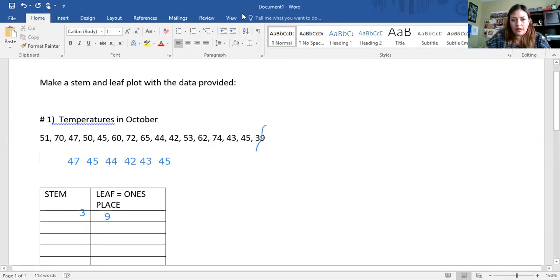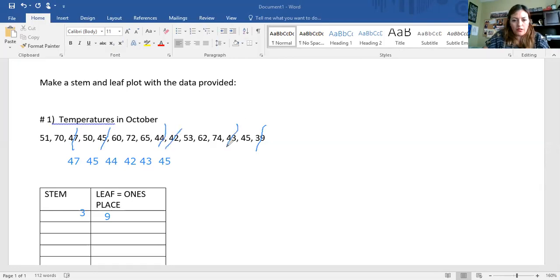Let me find my text. It's easier for you to do it, boys and girls, because you just have a pencil. But for me, I have to be working this out, so it takes a while. Okay, let me cross out my 47, my 45, my 44, my 42, my 43, my 44.